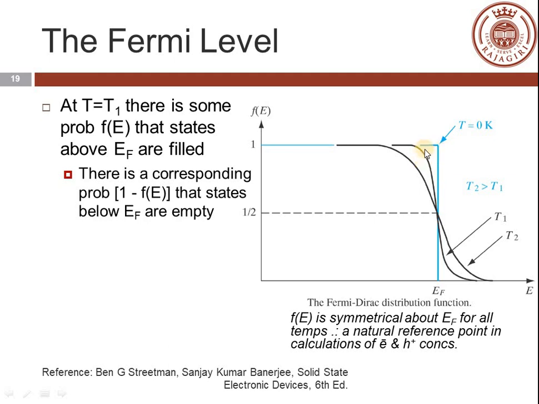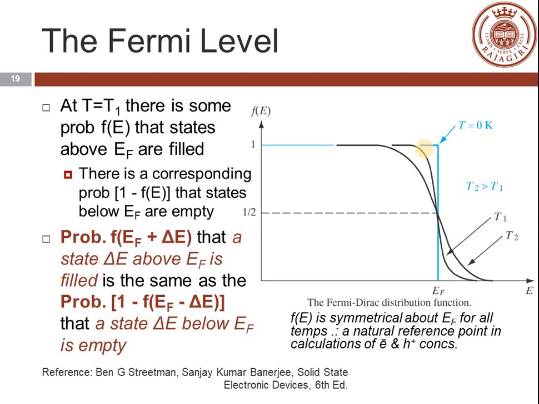So for the electrons we will be calculating the probability f of E, and for holes we will be calculating the probability 1 minus f of E. So the probability f of EF plus delta E, that is, the state delta E above EF is filled, is the same as the probability 1 minus f of EF minus delta E, that is, the state delta E below EF is empty.